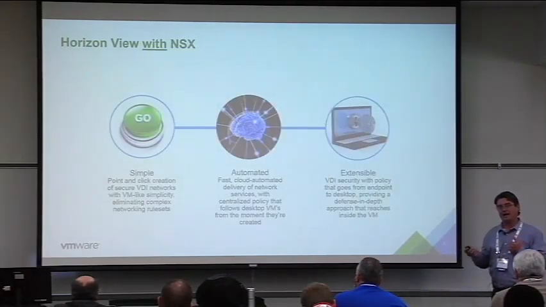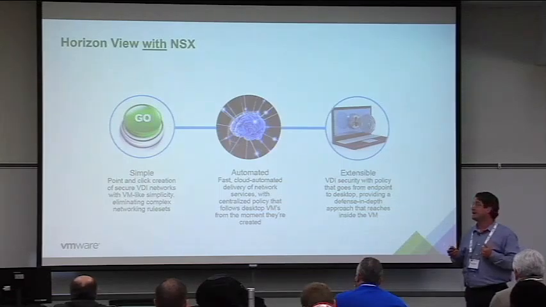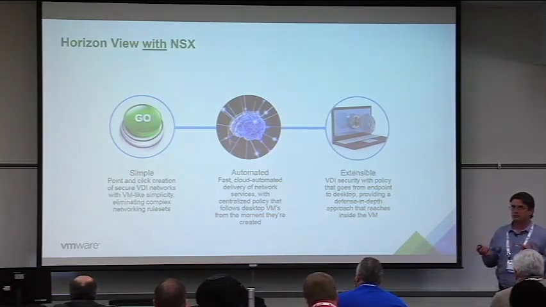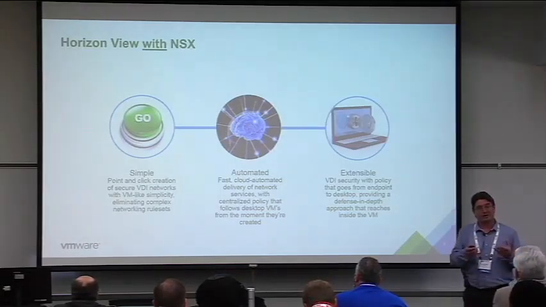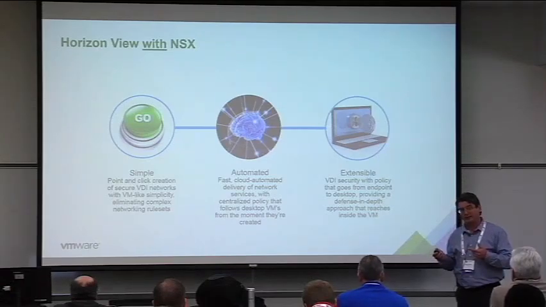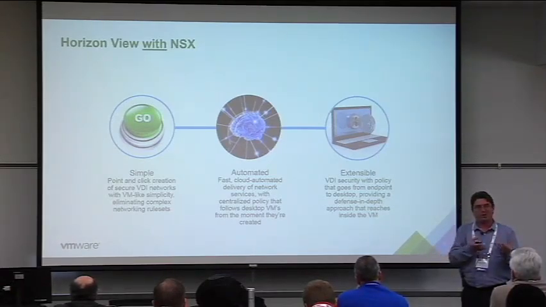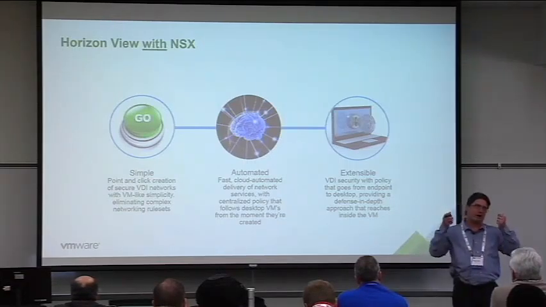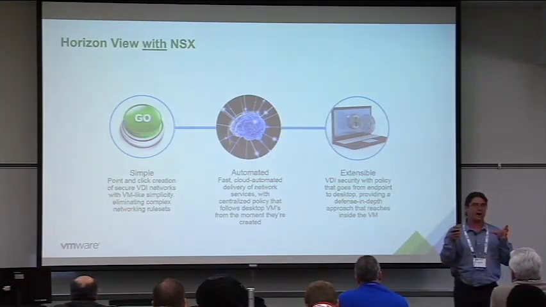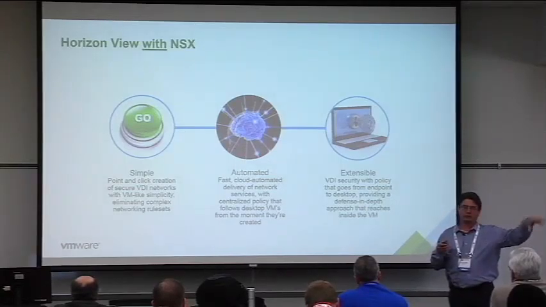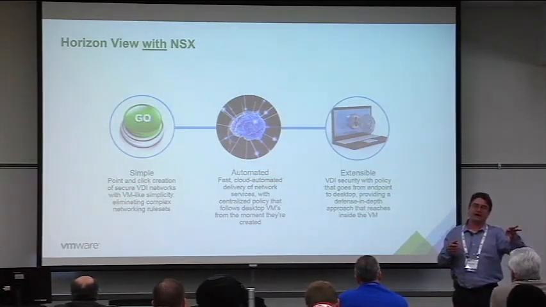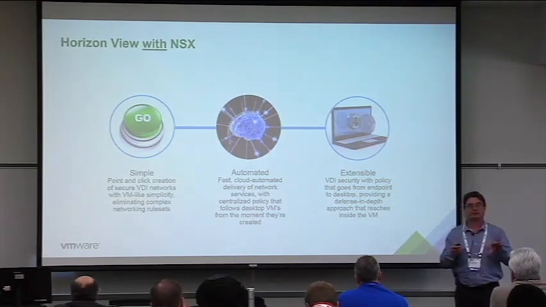When you implement VDI, or when you implement NSX with VDI, what you get is a much simpler organization of your virtual desktop environment. Because my networks are now software, and we'll talk a little bit about what that means, but the networks are now part of the VM. They're no longer this thing that I've got to plug wires in and configure it a special way. The network and security policy is now attached to your virtual machines, whether those are servers or they're individual virtual desktops. They now move with the machines.